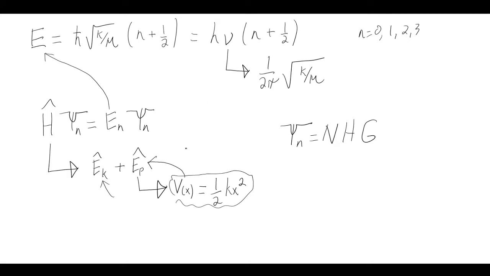So the harmonic potential gives us these energies and these eigenfunctions. Now, a harmonic potential looks like exactly what it sounds like, something that's harmonic and symmetrical. So here's our harmonic potential. It looks exactly like x squared, right?